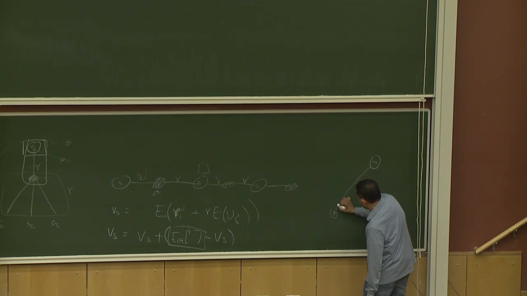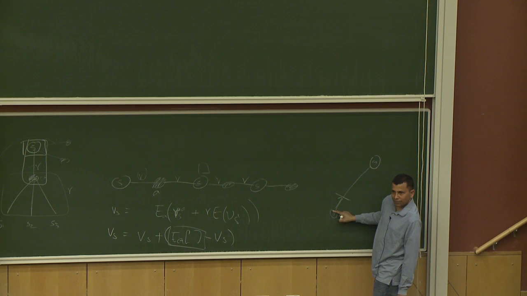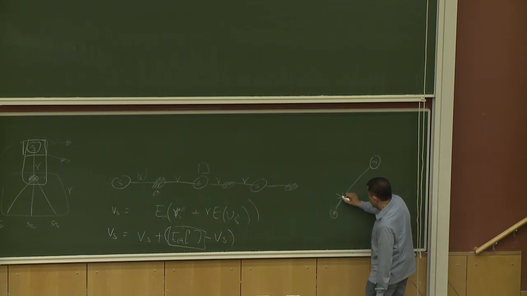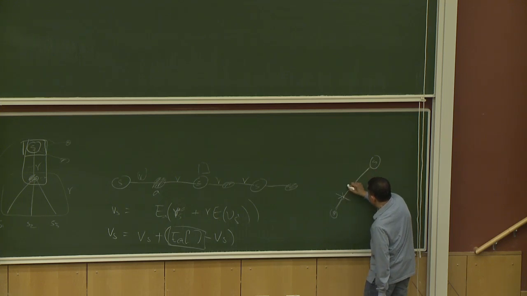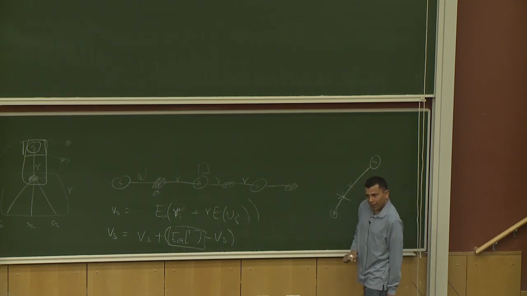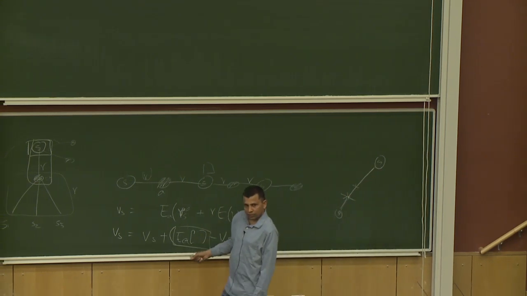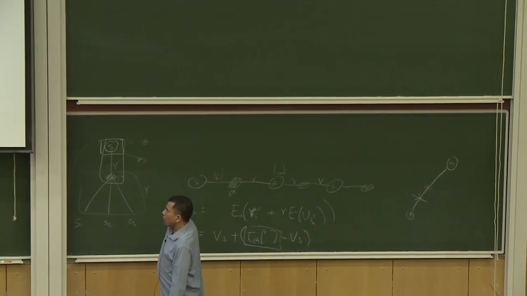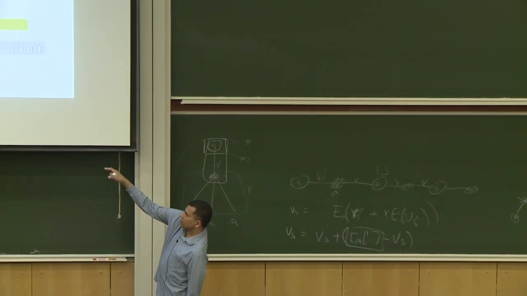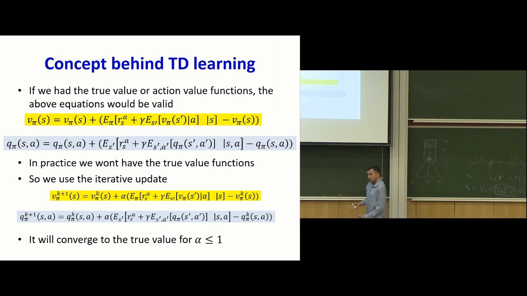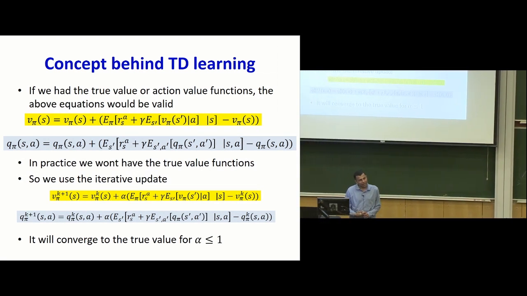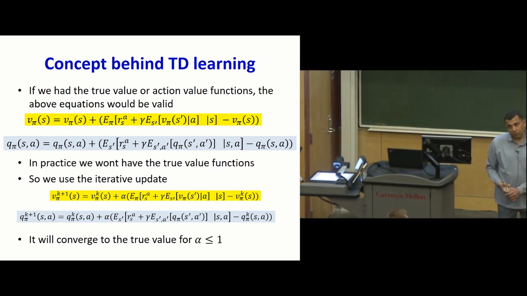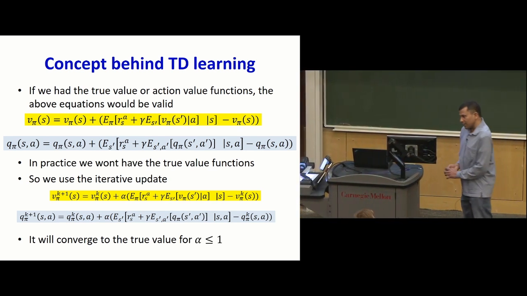From here, I can shift by alpha times the gap between the two points, which gives me a new estimate. Then from here, I can shift again by alpha times the remaining gap, which is going to give me a new point. And as you can see, this is guaranteed to converge, right? So all we did was switch it and say, OK, I have an equation that must hold. I can also rewrite it as an iterative process, which will give me the correct answer.